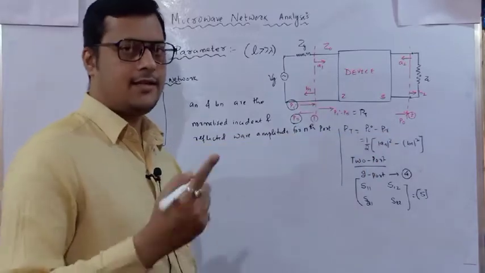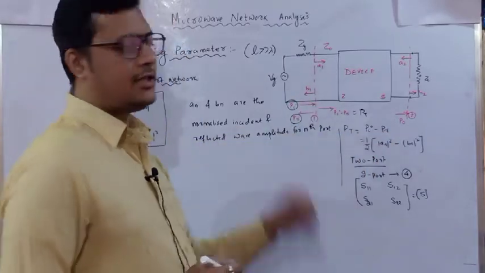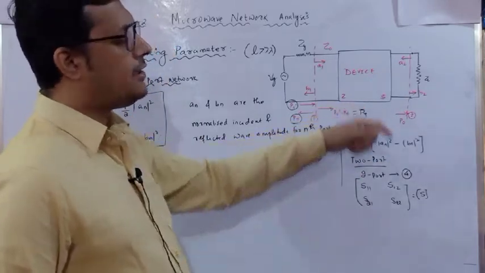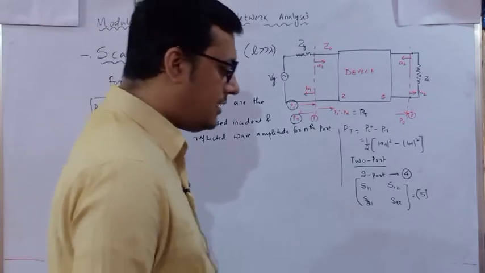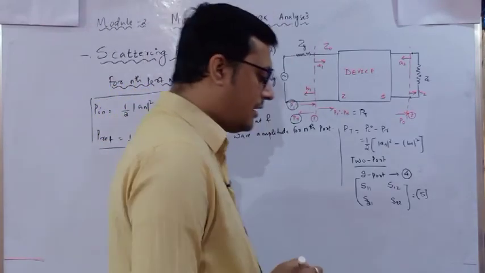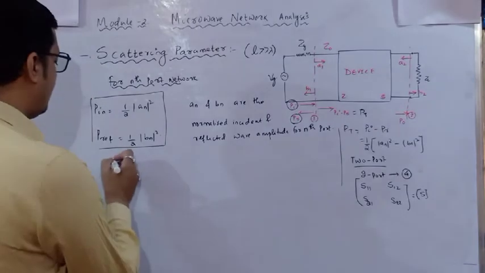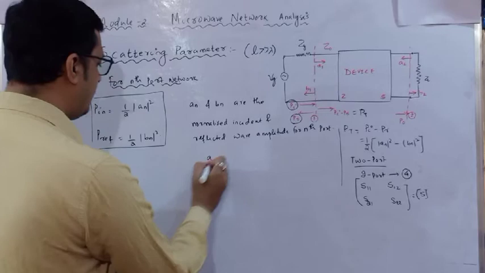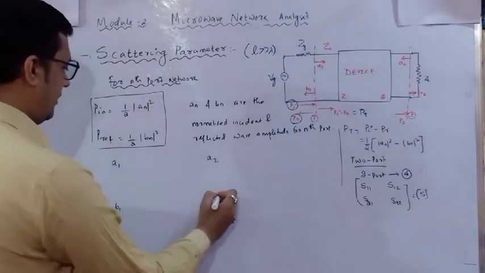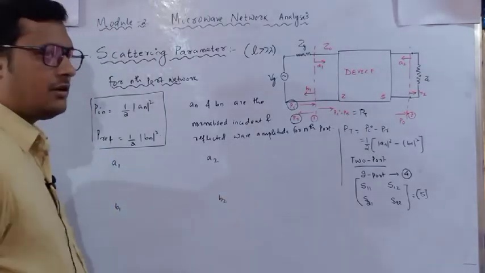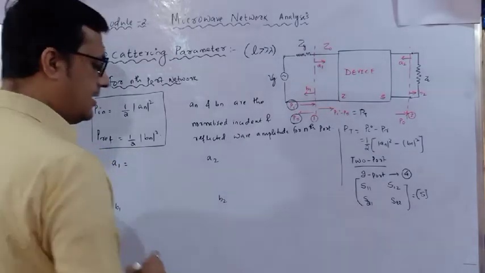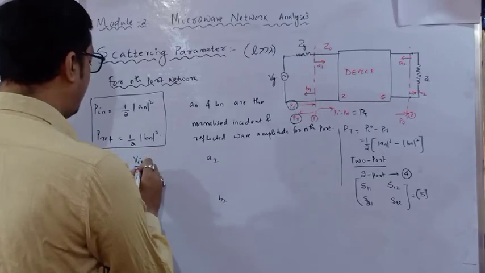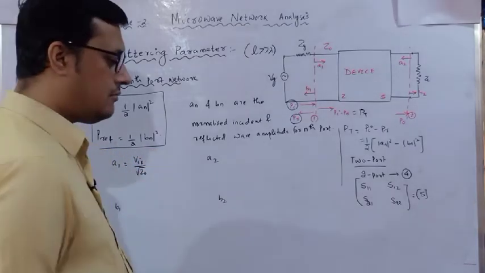Port 1, incident potential is A1, reflected potential is B1. For port 2, incident potential is A2 and reflected potential is B2. So what are these A1, A2, B1 and B2 that we are going to write? The normalized potential for A1 is Vi1 divided by root over Z0.